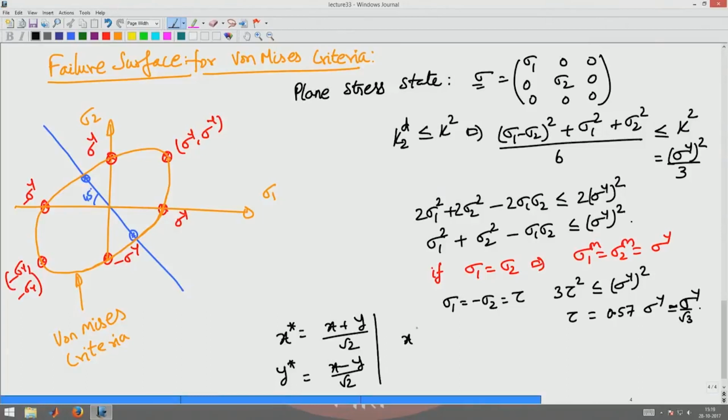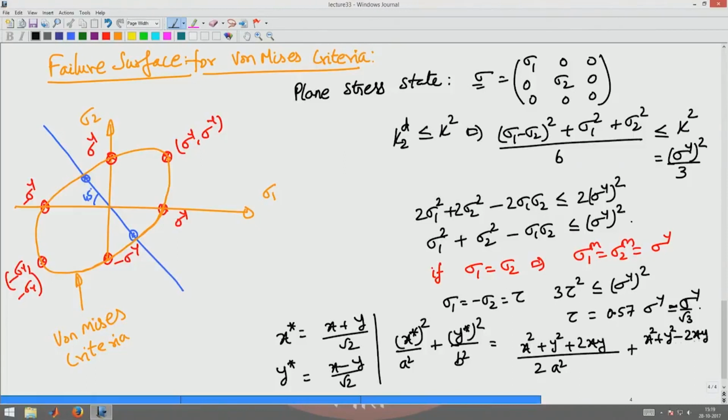Then x star squared by a square plus y star squared by b squared would be x square plus y square plus 2xy by 2a square, plus x square plus y square minus 2xy by 2b square, equal to 1.